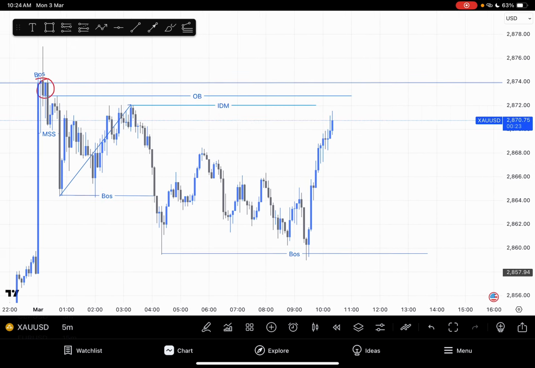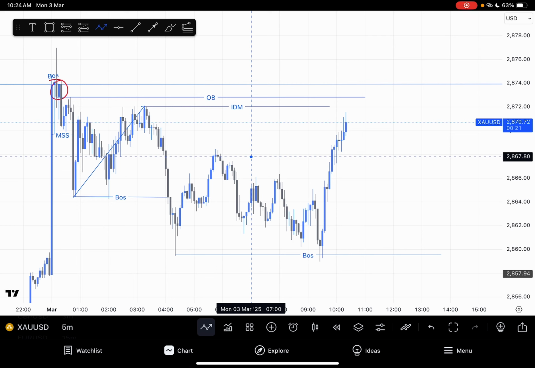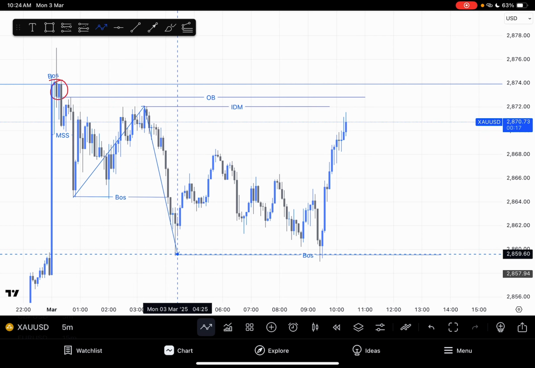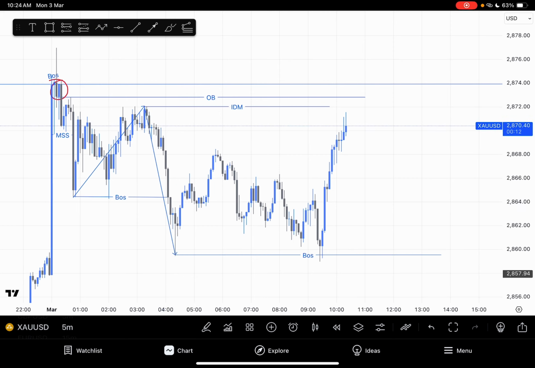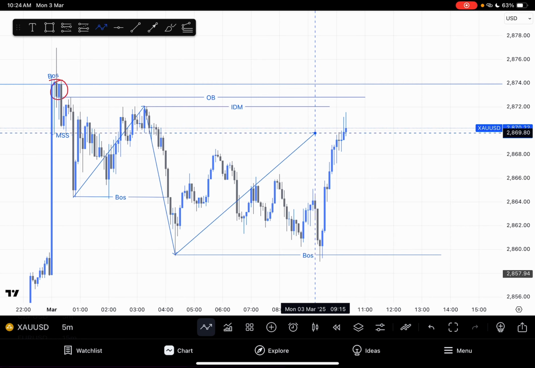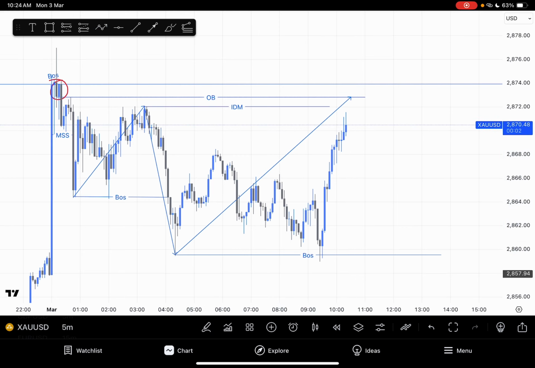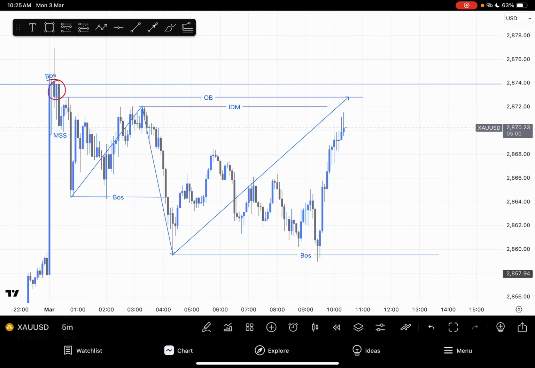So now you see price creates another break of structure here with this pullback. Next break of structure price created with this pullback, and from this point you see price now going back for this OB. And remember, for an OB to be valid, it must be protected by either a liquidity, a fair value gap, or there must be a liquidity grab.